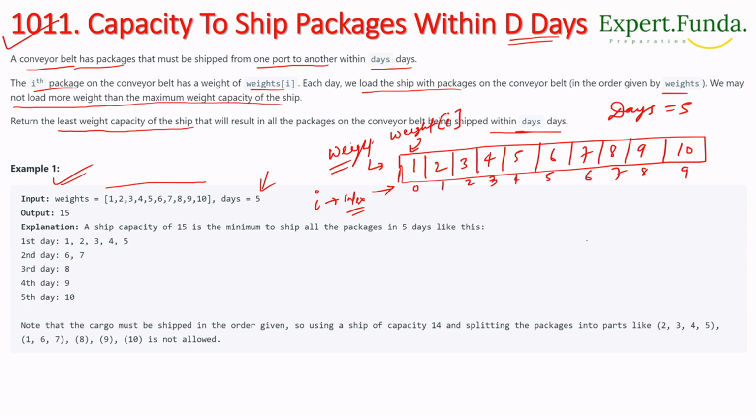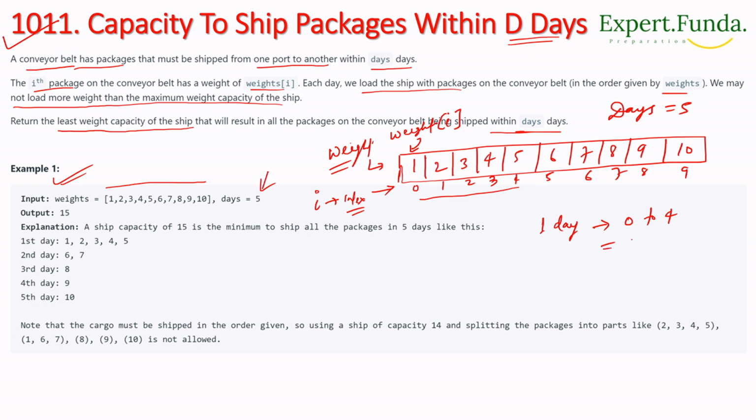Consider the first day. On the first day we can take indexes 0 to 4, so 5 elements.